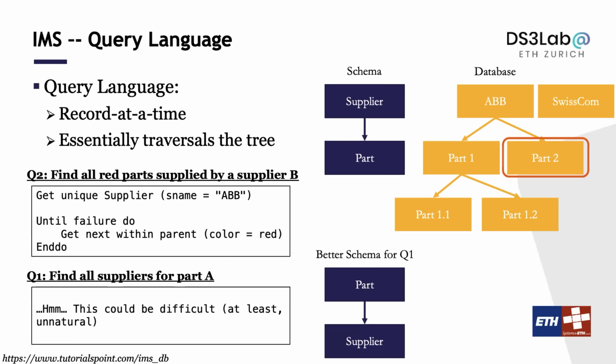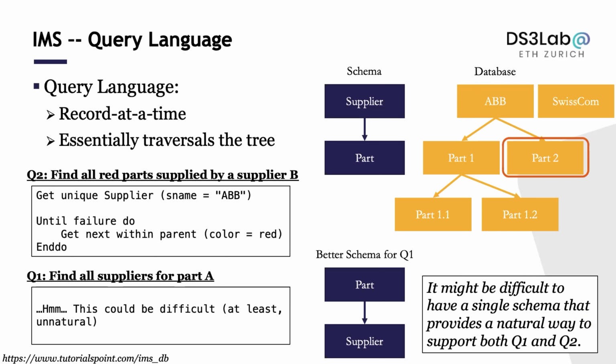Actually, the most natural way is to reorganize your data. You have the part first, and then the supplier as a child, instead of the other way around. In that way, you can implement Q1 in a very natural way. But on the other hand, implementing Q2 could be very hard. Okay, so this is one limitation that IMS has.